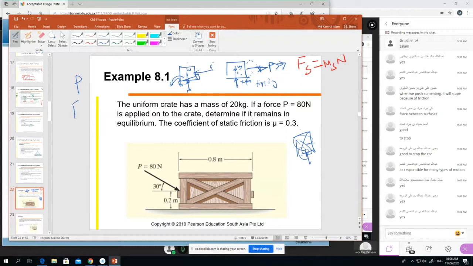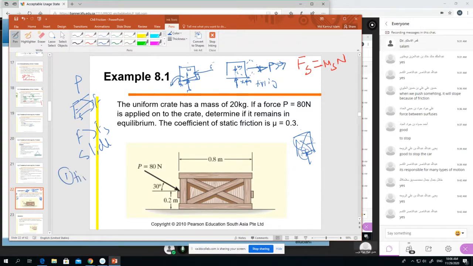If our applied force F is greater than the maximum static frictional force Fs, then what happens? The block can slide. So two things can happen.